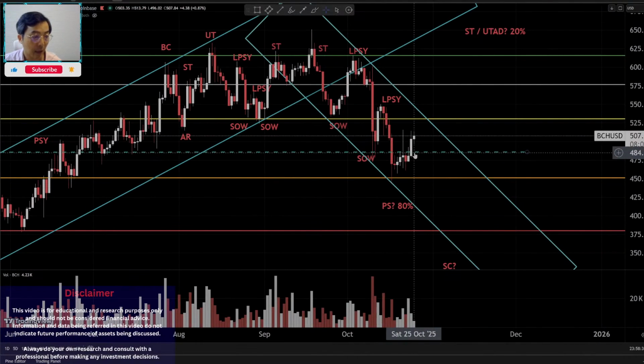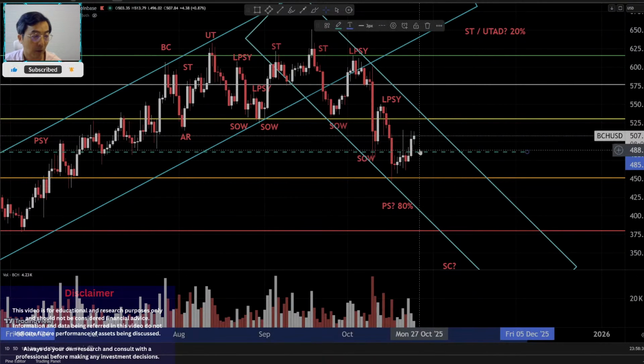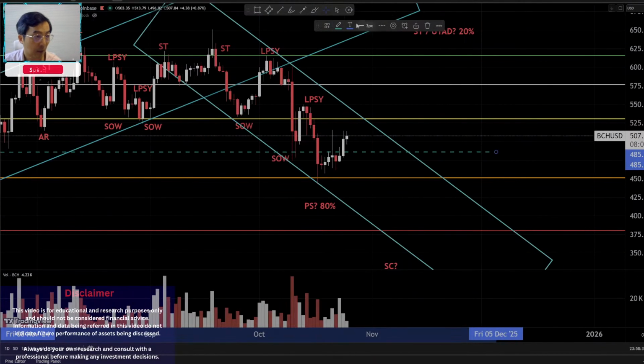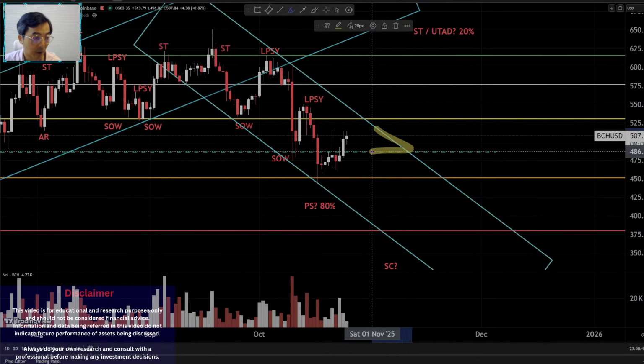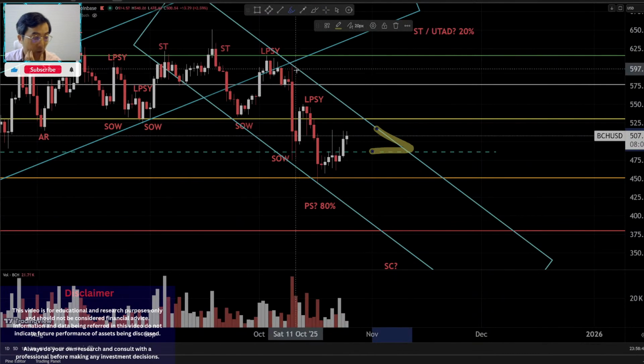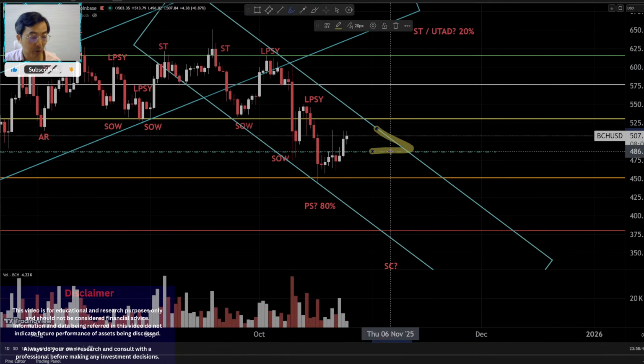yesterday it broke through that level, and that's where it gets interesting because there's a triangle between this downtrend ceiling and this green support line or resistance line, depending on where the price is.